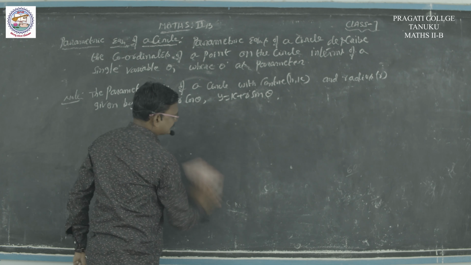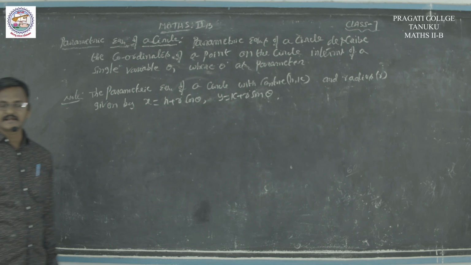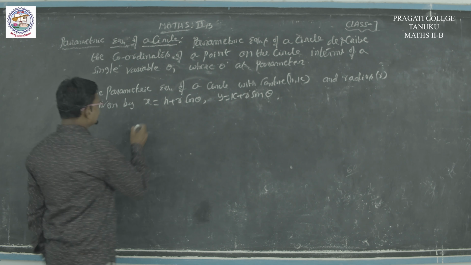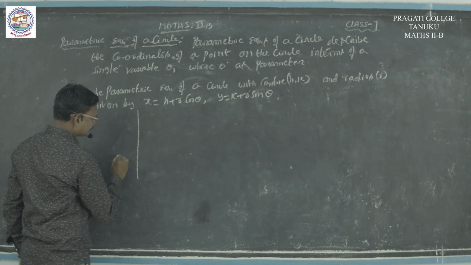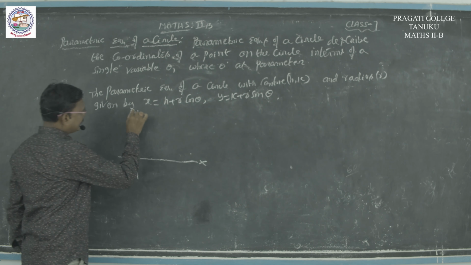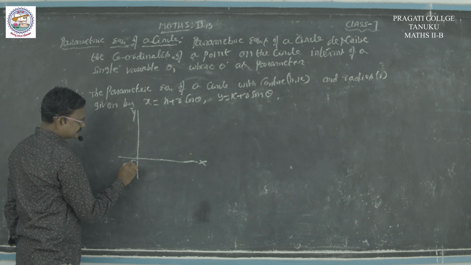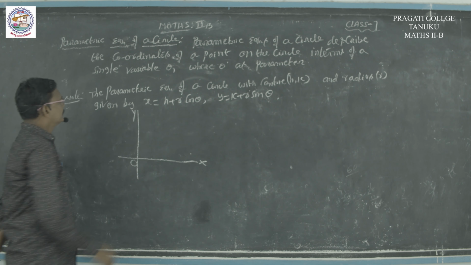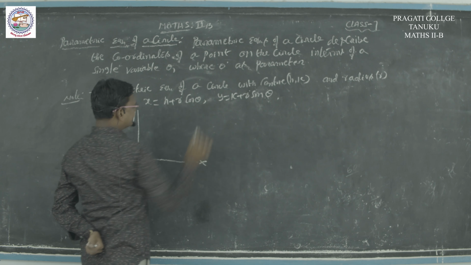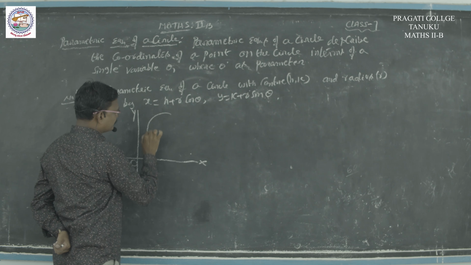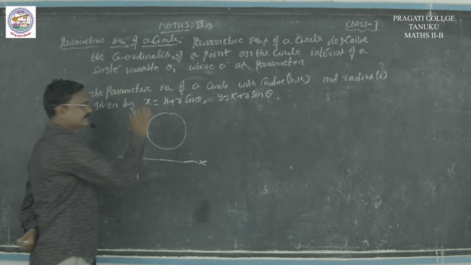For this, let us consider x-axis and y-axis. You know already this is the origin. Here, the circle with the center h comma k. So, this is the position of the circle.